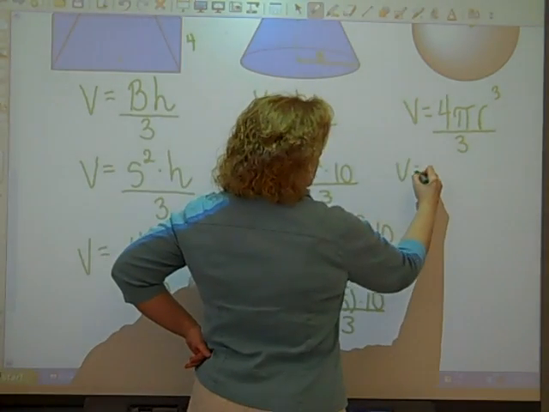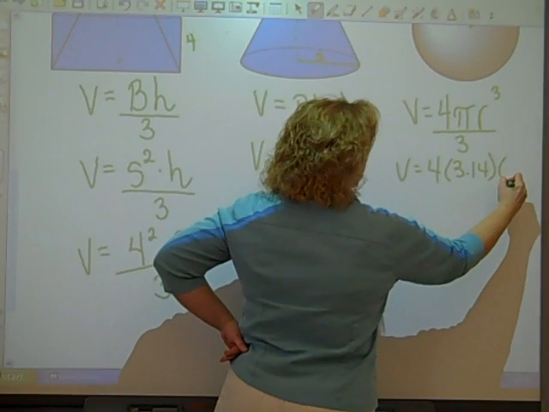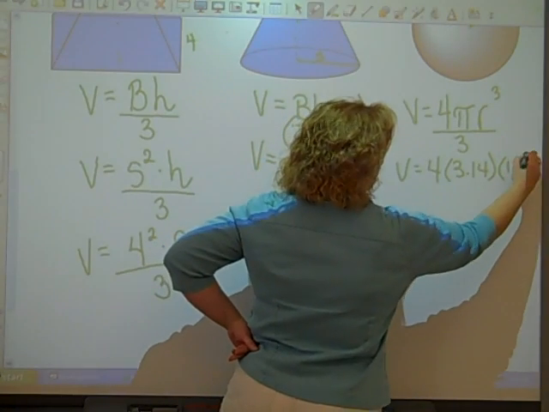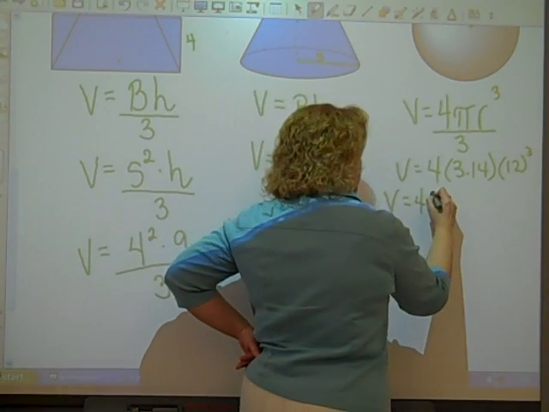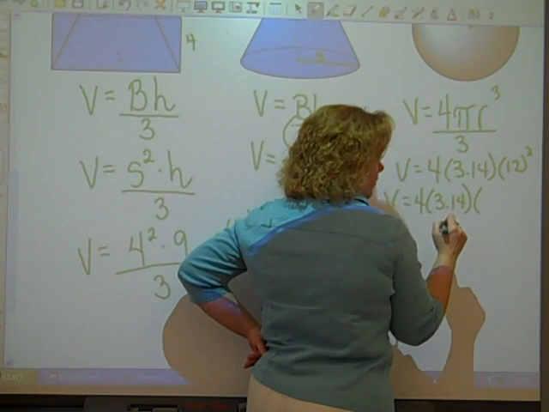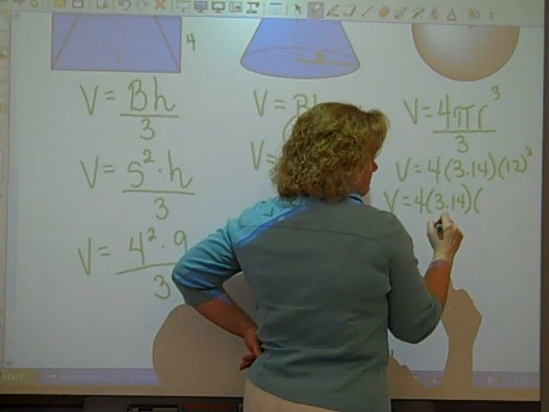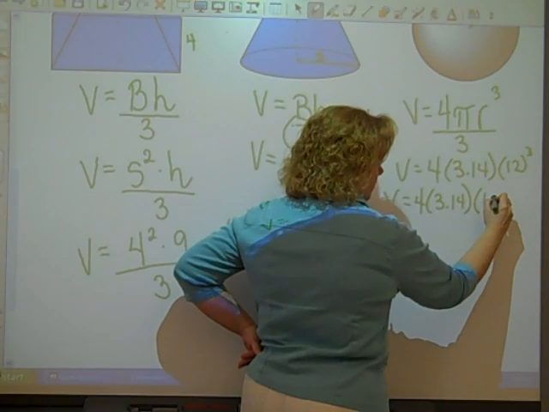So volume equals 4 times 3.14 times 12 cubed. What is 12 cubed? 1,728.